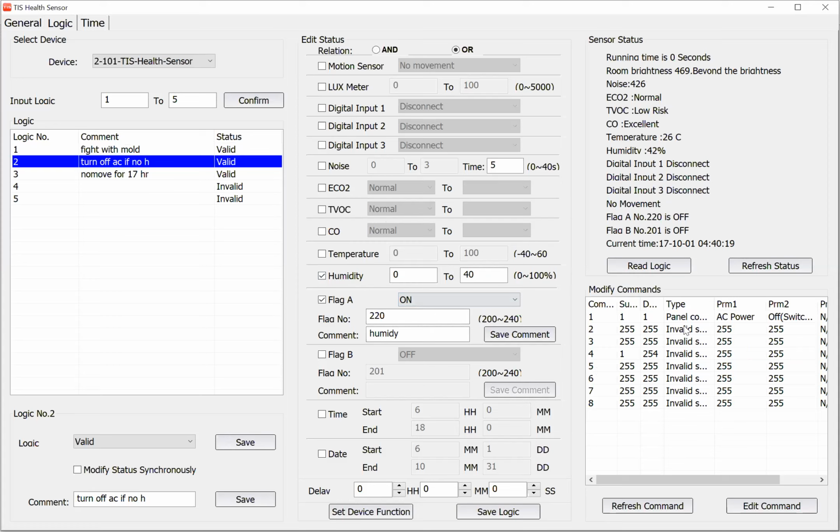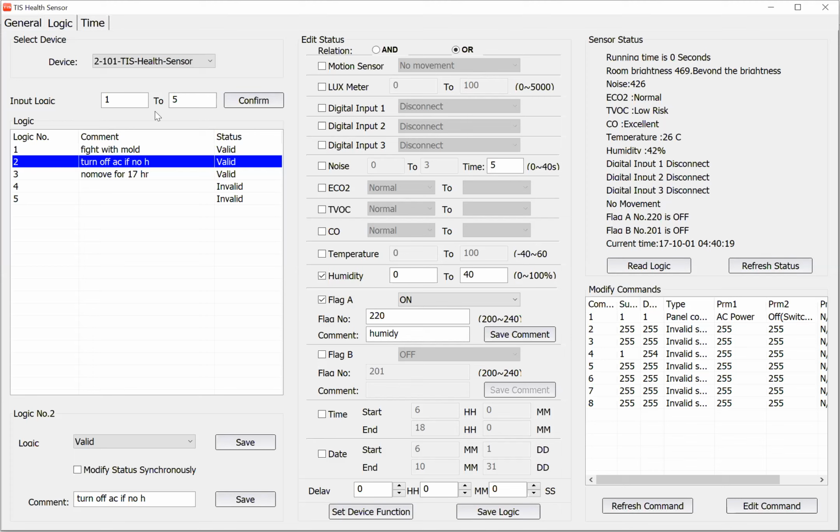But sometimes the client wants to turn on the air conditioner and the environment humidity is, for example, 30%. Therefore, the client can go to the Luna panel and turn off flag number 220. In this position, this logic doesn't work and the air conditioner is working.